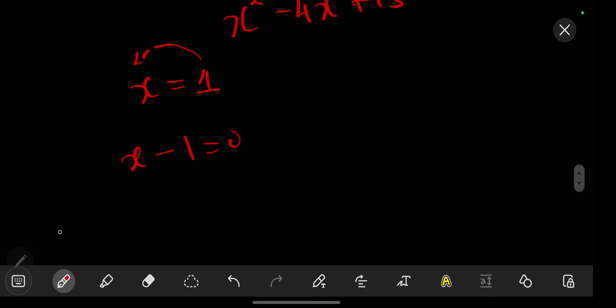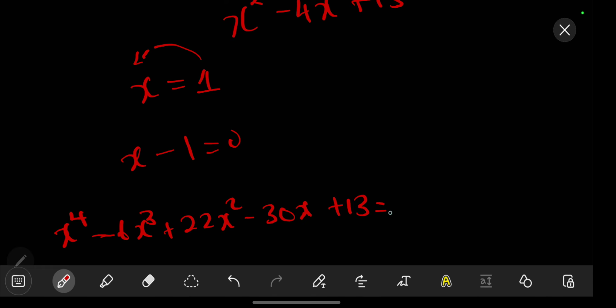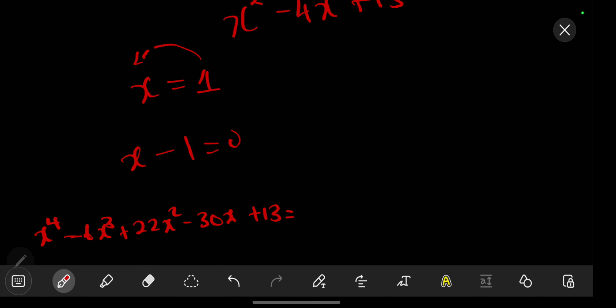So now this means that the equation that was equivalent to x to the power of 4 minus 6x to the power of 3 plus 22x to the power 2 minus 30x plus 13 should be equal to, so we have the roots repeated, so we have our x minus 1, another one it's x minus 1 like that.